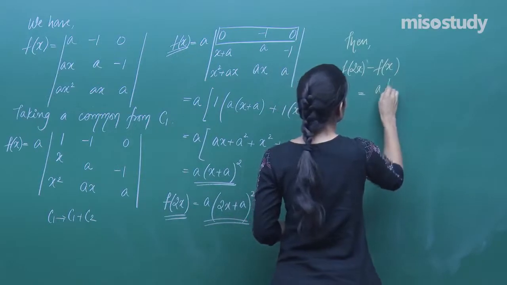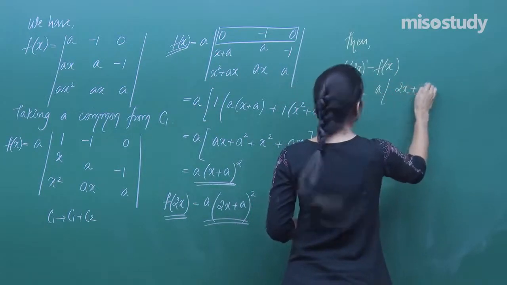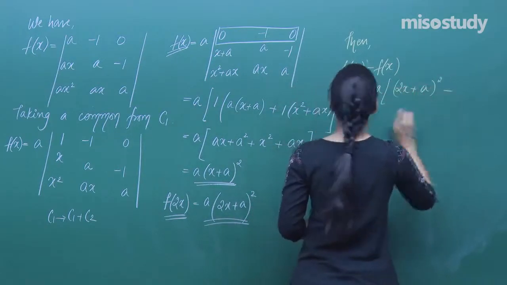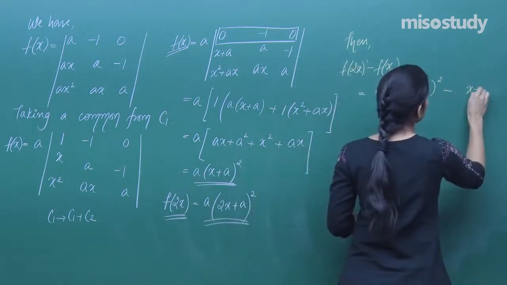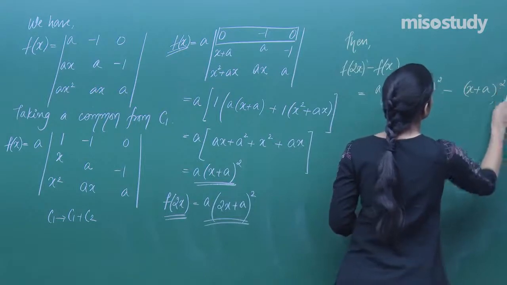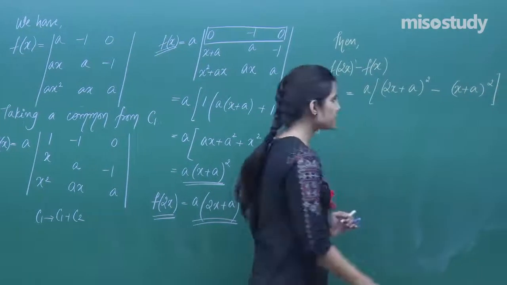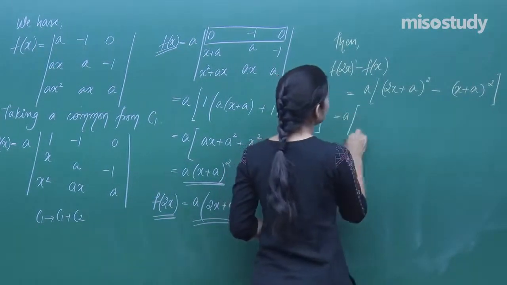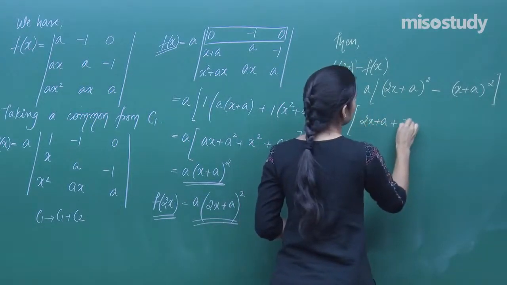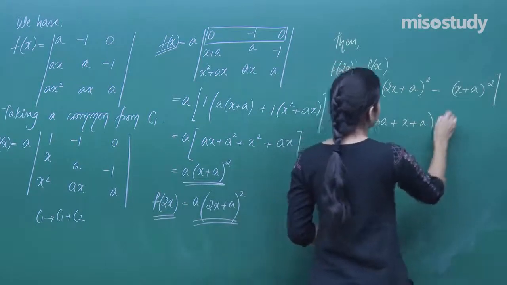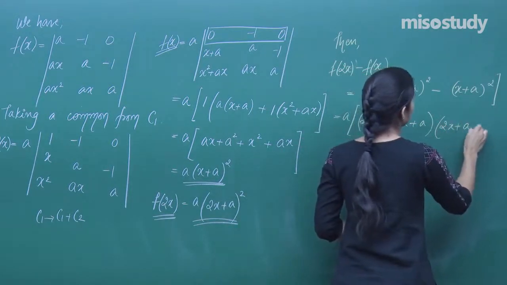A times 2x plus a whole square minus a times x plus a whole square. So a is common, x plus a whole square. A square minus b square, a plus b into a minus b is what it is. So a square minus b square, a plus b into a minus b.